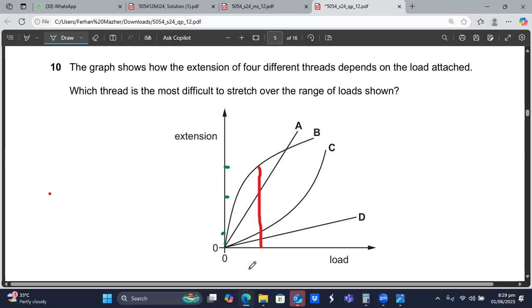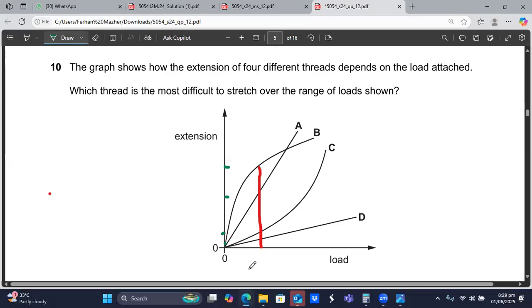So for the same load, when you apply it to A, B, C, and D, the maximum extension is produced in A, then B, then C, then D. So their question is, which thread is the most difficult to stretch over the range of the loads? I think the most difficult to stretch is D.